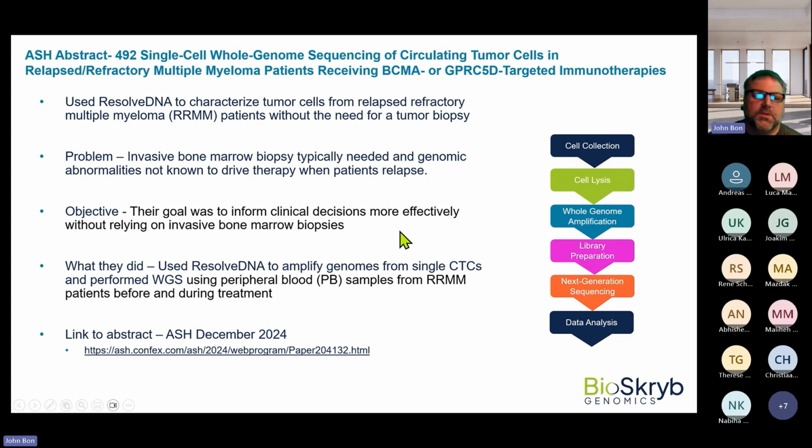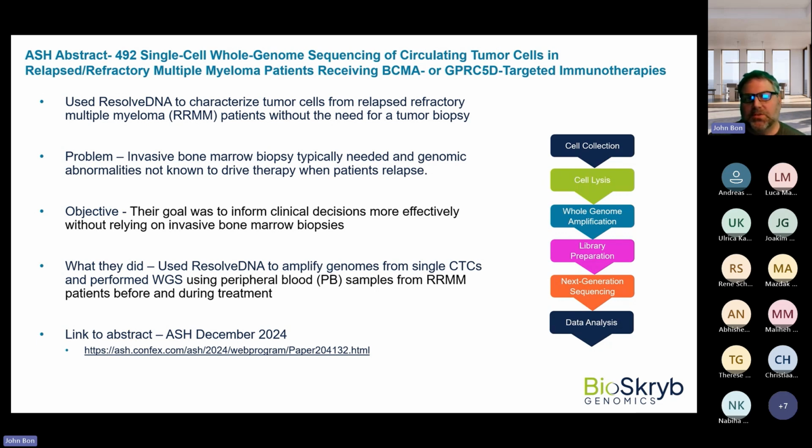And they used our ResolveOME technology to do the whole genome amplification after they did these blood draws. Also, they want to be able to do this to replace, hopefully in the future, a bone marrow biopsy, which is much more invasive than just a blood draw.